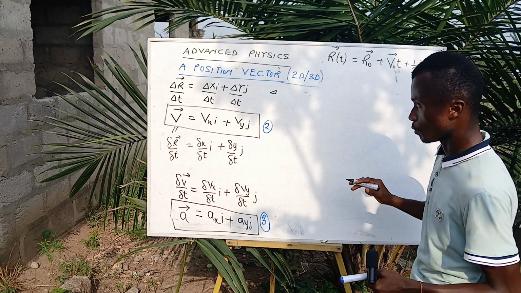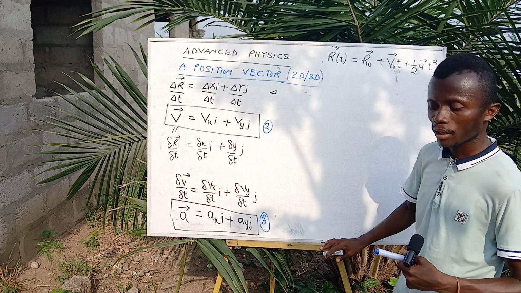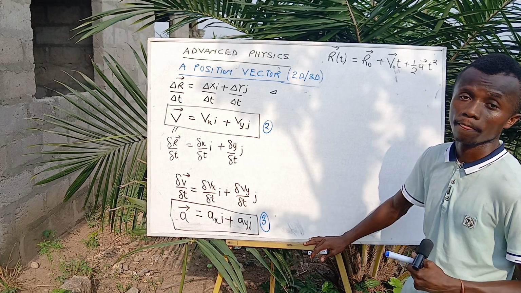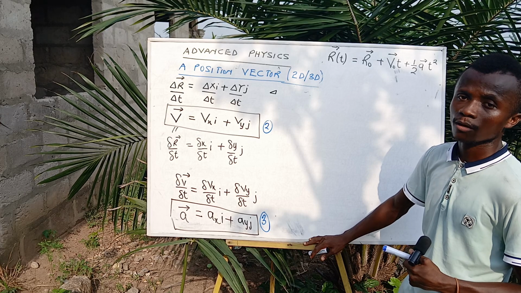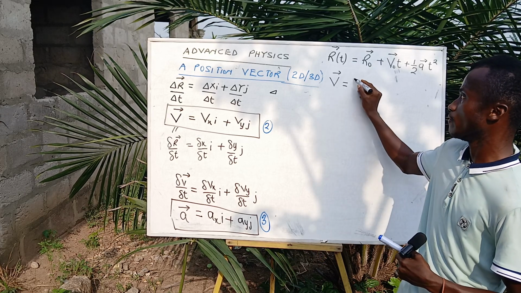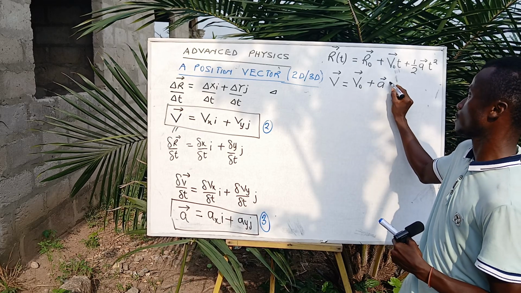So then you can split this equation into two, one in the x component and one in the y component. It turns out the velocity, which is the second kinematic equation, is going to be v naught, which is a vector now, plus a, which is a vector, times a scalar t.